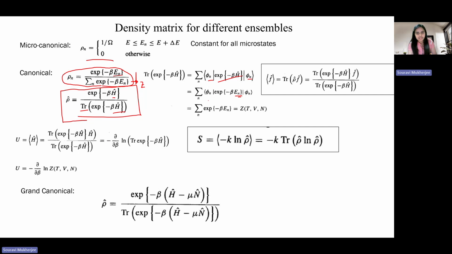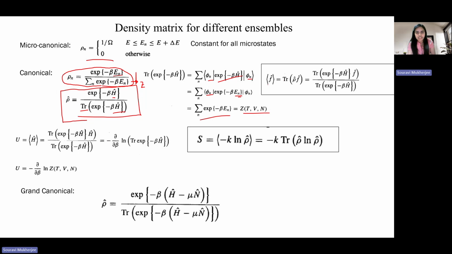So you can replace it like this. And because this is an orthogonal, complete set of basis vectors, this would give you nothing but the summation over n of e to the power minus beta En, which is the canonical partition function.